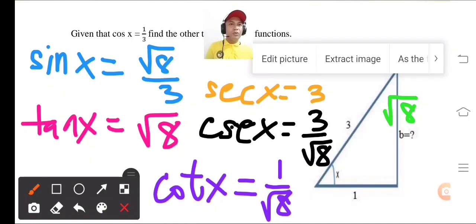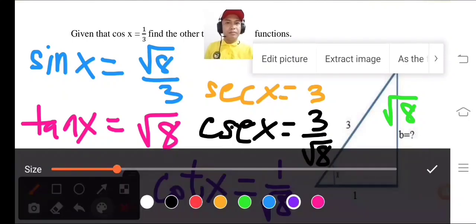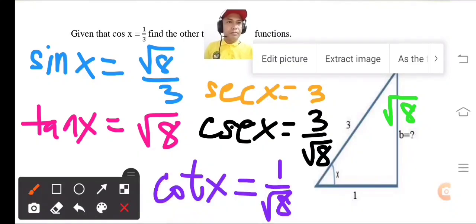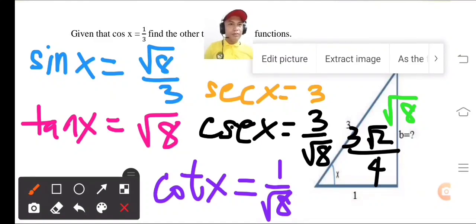So if we simplify 3 over square root of 8, the result is 3 square root of 2 over 4.